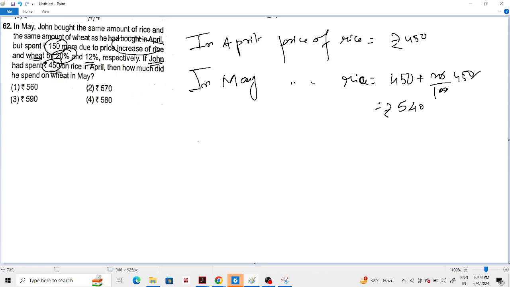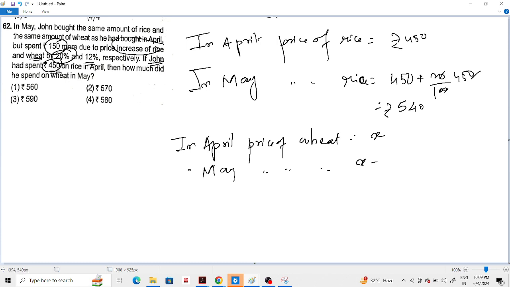Now he has taken in April price of wheat as X. So in May price of wheat is going to be what? 12% more. That is X plus 12% of X.